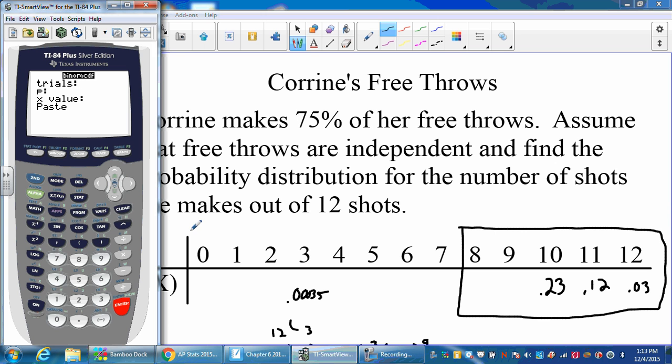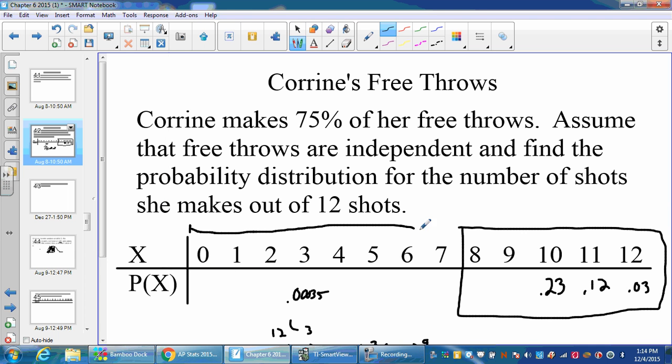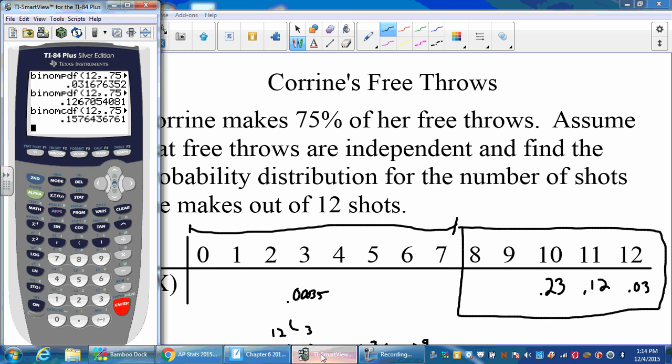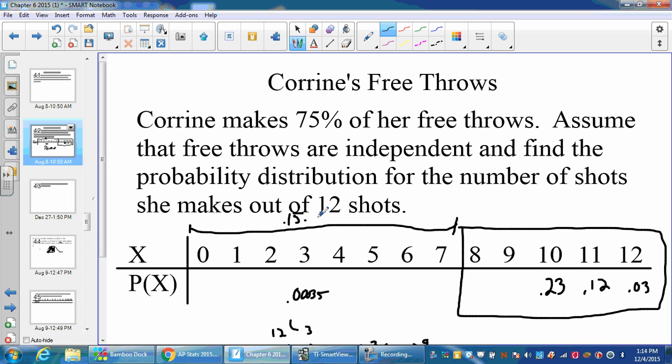So if I did a CDF up to 7, that would be counting all of the values from here to here, which represents 15.76% of the data. So let's say 15.8% of the data.